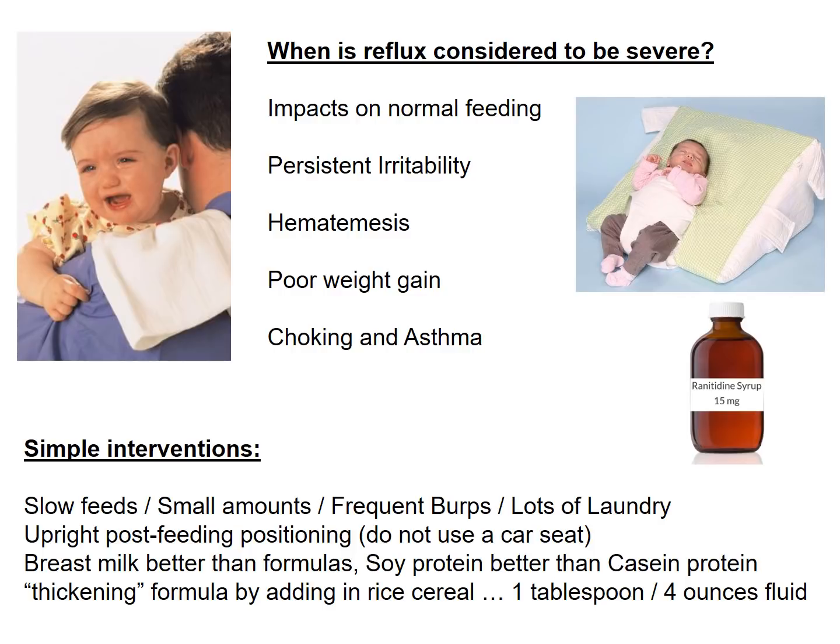Sometimes thickening the formula works better. And then maybe the most commonly used drug in infants is ranitidine. Ranitidine is a medication which is going to decrease the amount of gastric acid. It's referred to as an H2 blocker, and we'll look at that mechanism in a minute or two here.